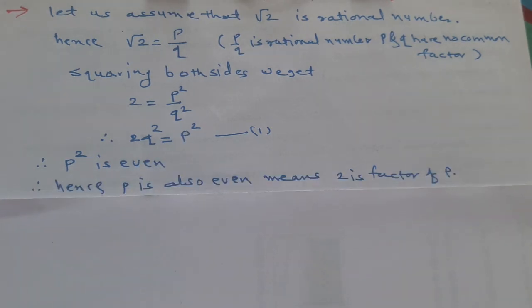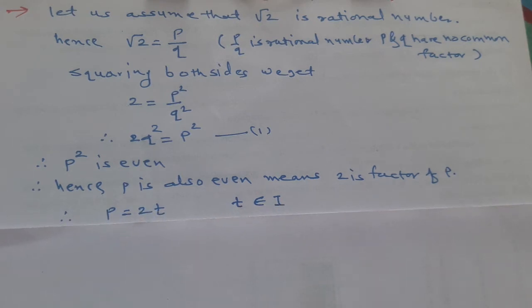And we know that if P square is even, then its square root P is also an even number, which means 2 is a factor of P.